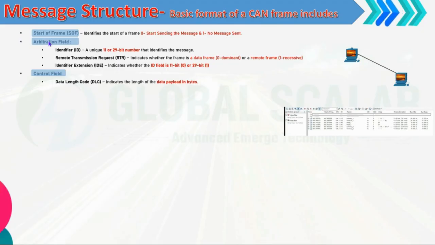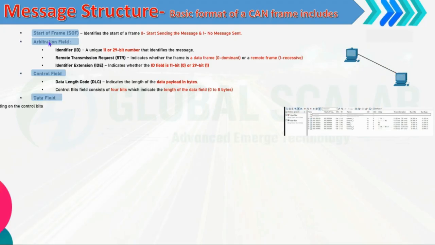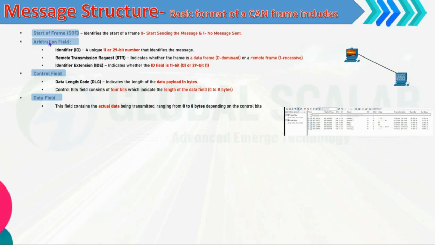The data length code, DLC, indicates the length of the data payload in bytes. The control bits field consists of 4 bits, which indicate the length of the data field, 0 to 8 bytes of data. Coming to the data field, it contains the actual data being transmitted, and it ranges from 0 to 8 bytes, depending on the control bits.